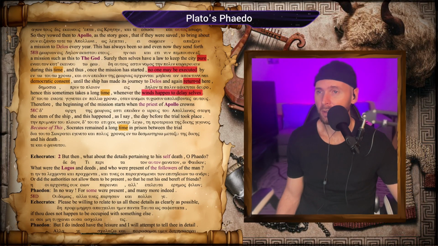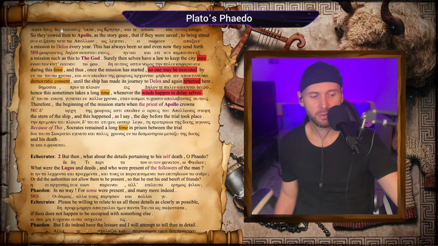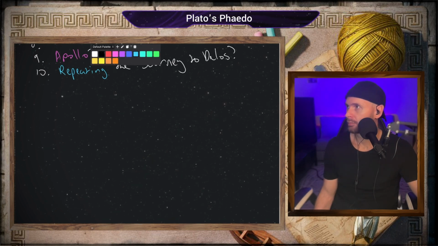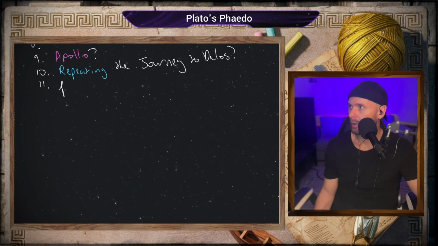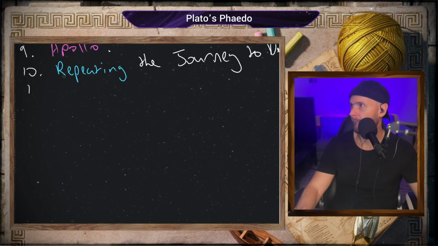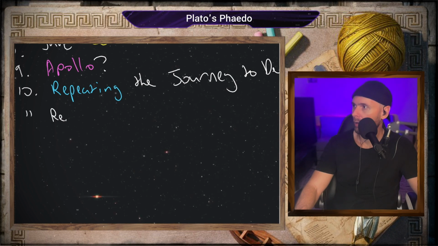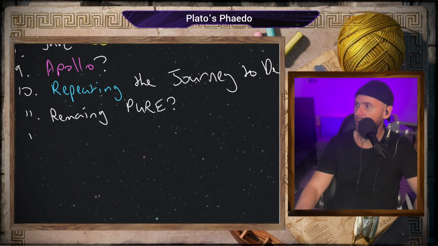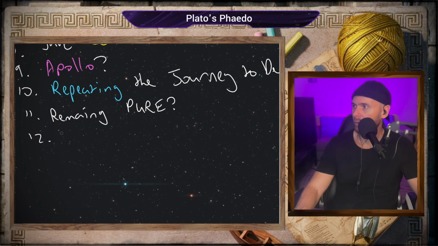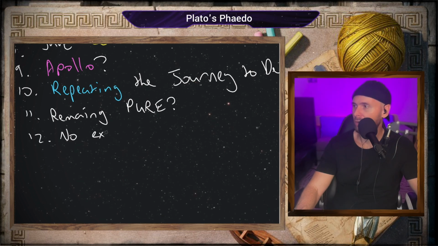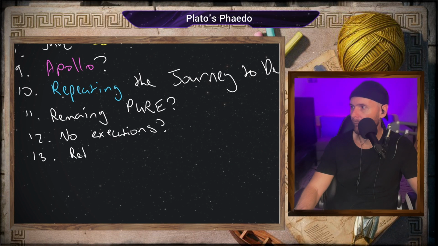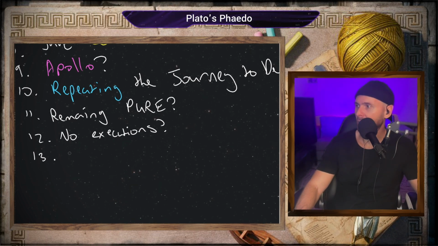So, purity. No one dying. Or do not execute. No execution. The idea of returning. The winds delaying selves. Let's write those down. So, the idea of remaining pure, the idea of no executions, the idea of returning, or until returning.